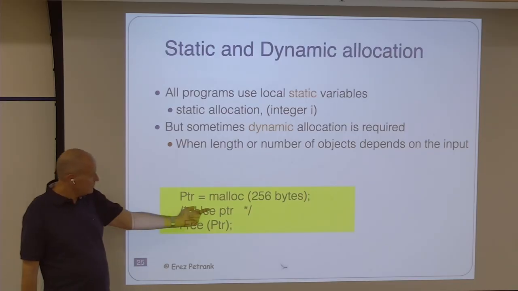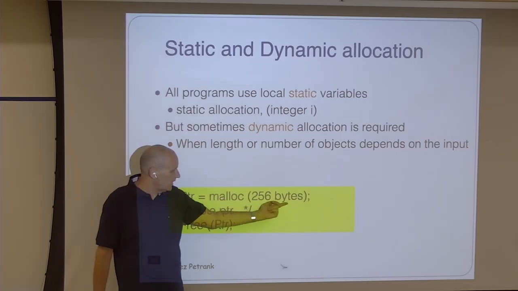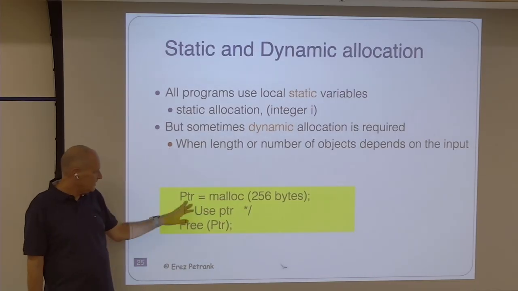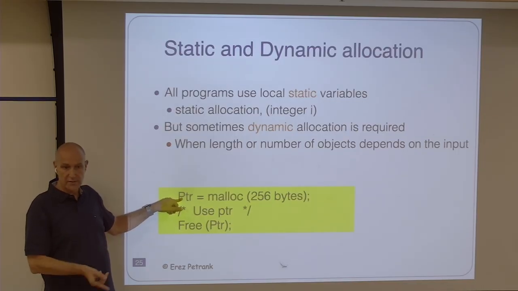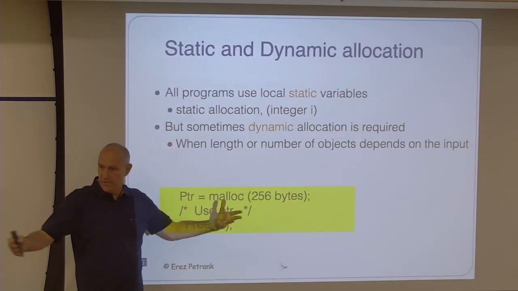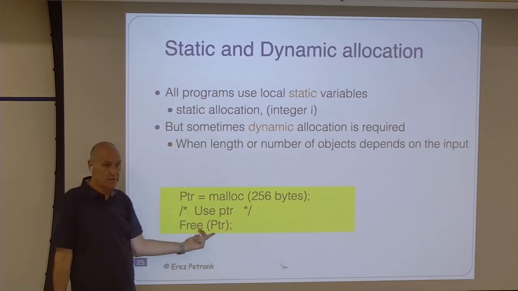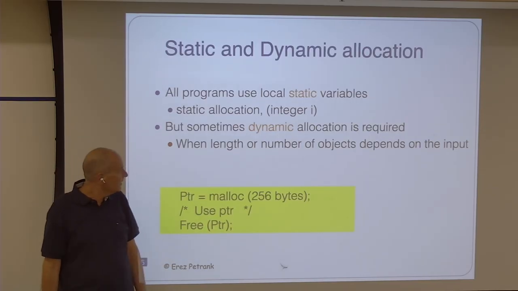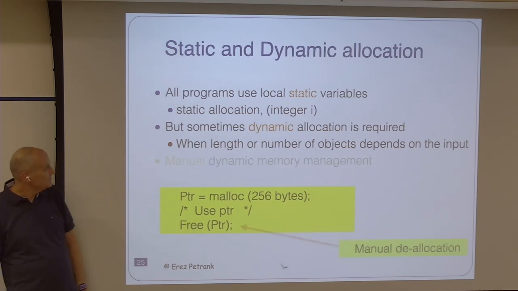So you just use malloc and you say how many bytes you need, and then you get a pointer to an area that was allocated for you, and you can use it. You can use this pointer and space as much as you want, and when you don't need it anymore, you say free the pointer, and this is called manual allocation.